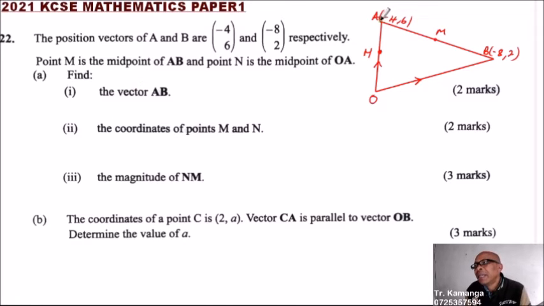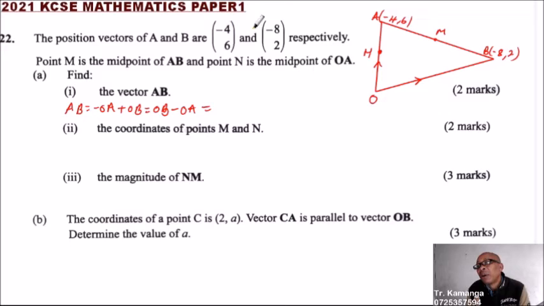So to find AB in vectors, it is right to move from A to B using an alternative route. So we say we move from A to O and O to B. But instead of saying AO, we say minus OA, where minus represents that you are moving against the direction of the vector. So AB is equal to minus OA plus OB, which we can rewrite as OB minus OA.